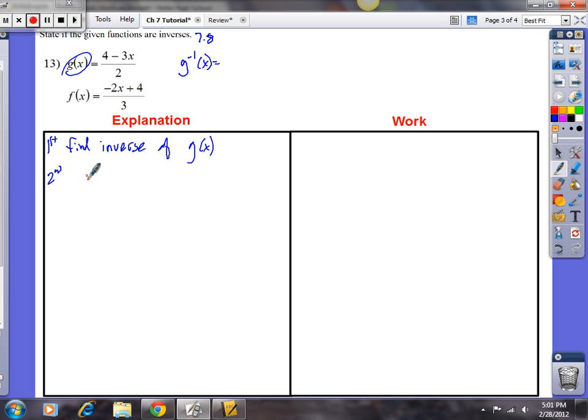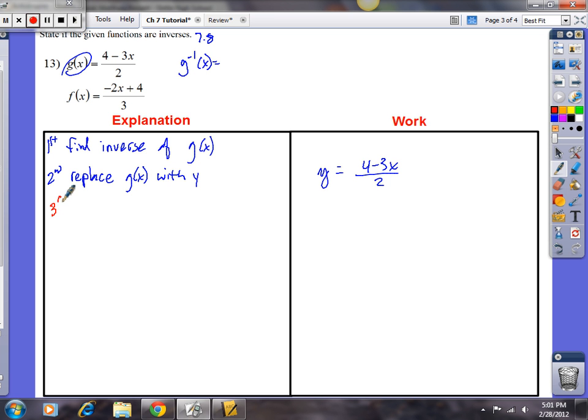So second, and I'm just following the 4 steps, replace g of x with y. Now my work's going to show up. So my work is going to be y equals 4 minus 3x divided by 2.